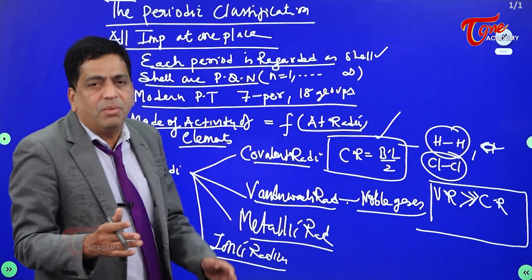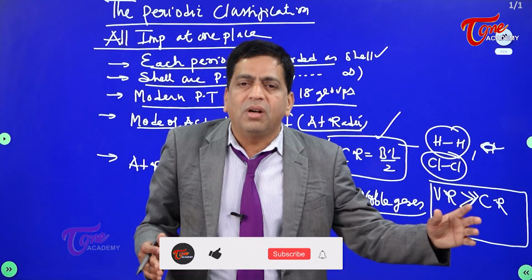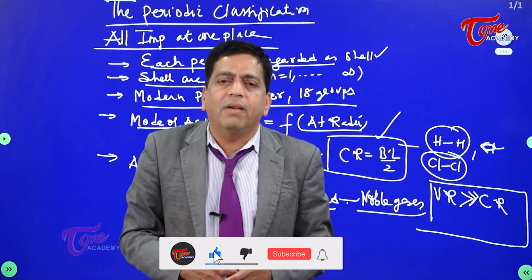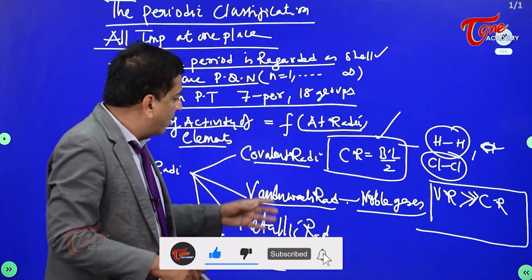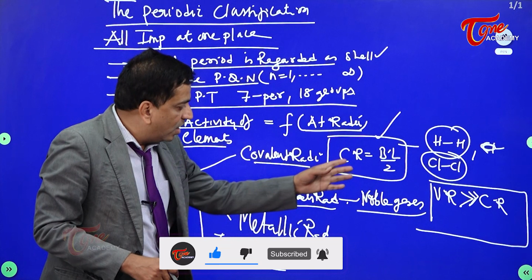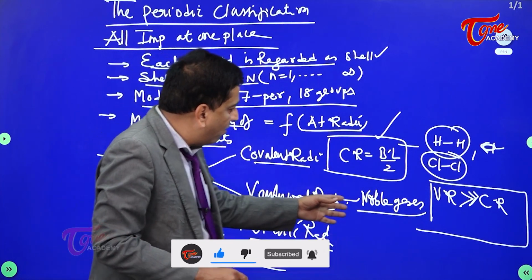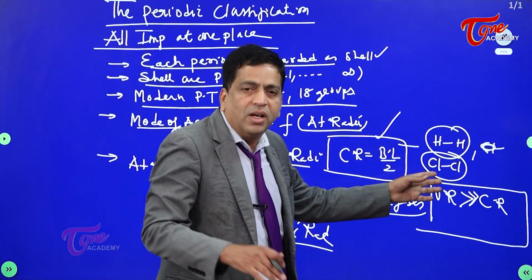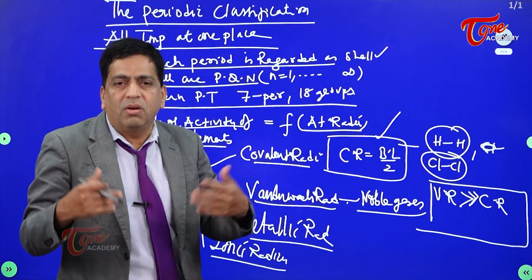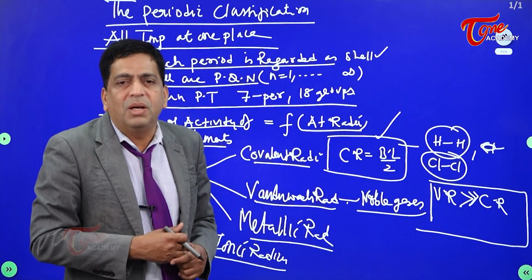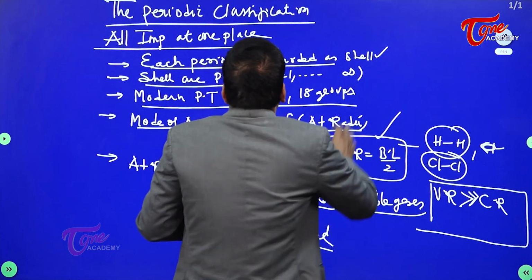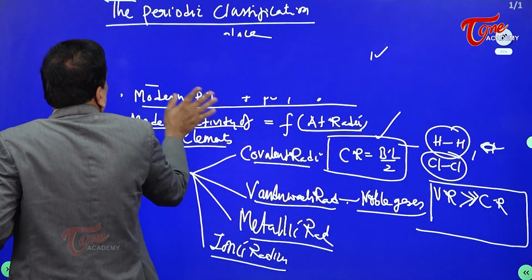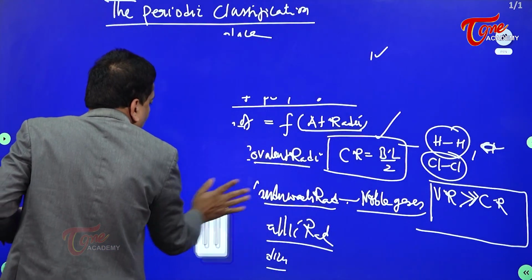Atomic radii being purely idealistic, I prefer operational definitions. Don't apply van der Waals radius for hydrogen and chlorine, because you end up with error, when already we are living with error. We must be minimizing it.